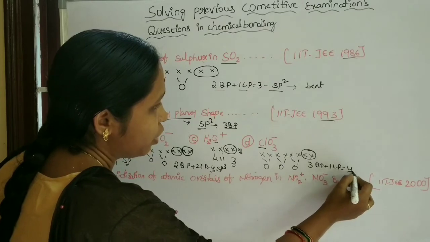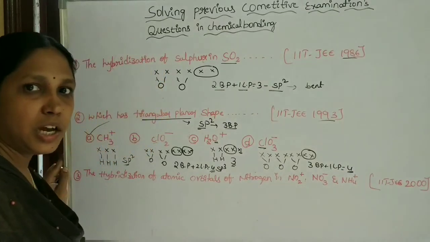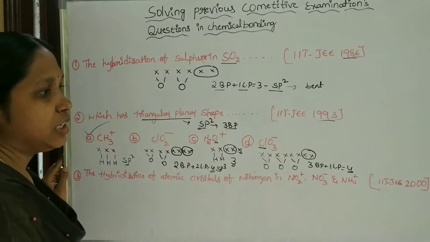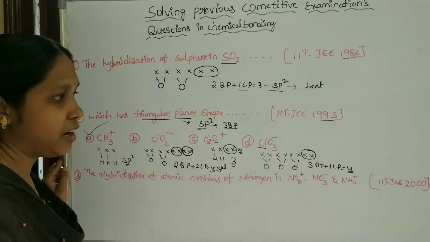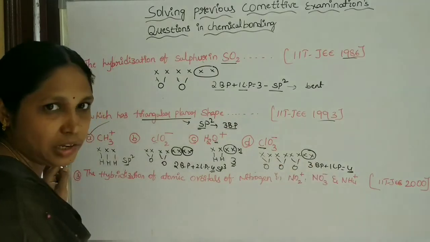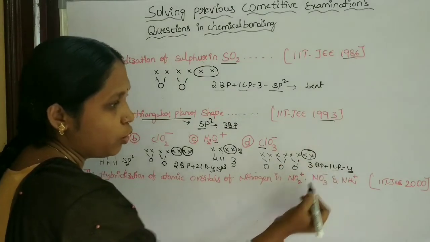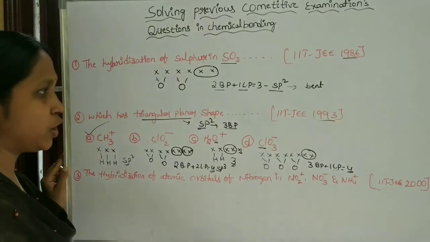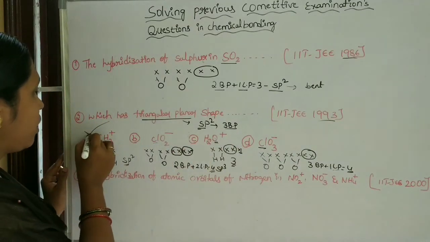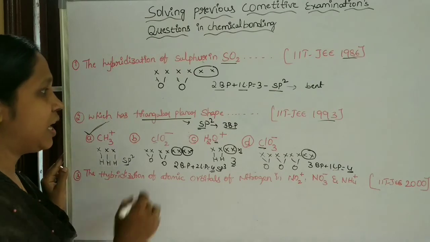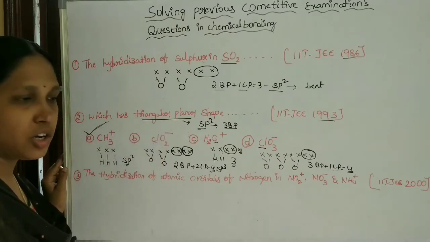Total pairs are 4, sp3 hybridized, and the geometry is tetrahedral. The shape is pyramidal due to the presence of 1 lone pair of electrons. So according to the question, CH3 plus has a triangular planar shape.